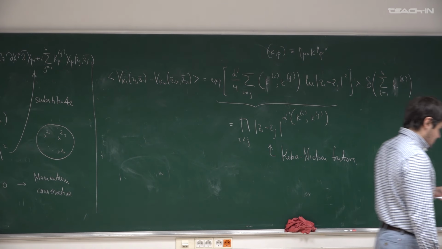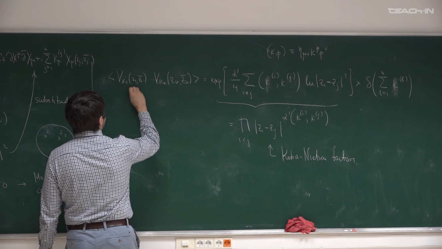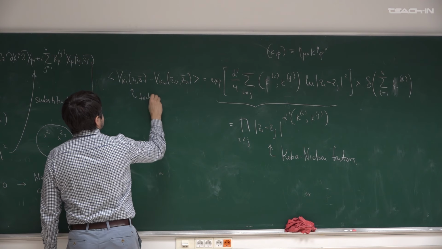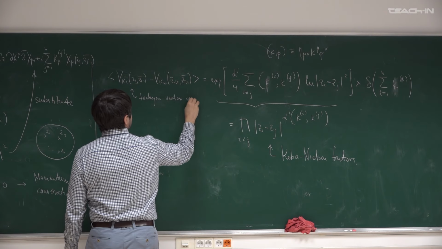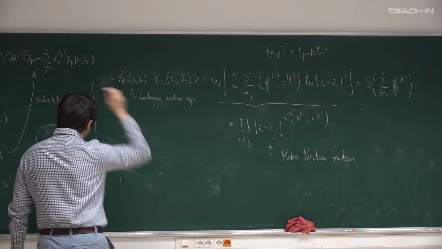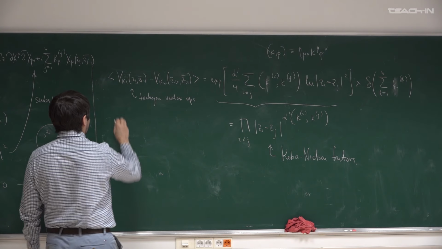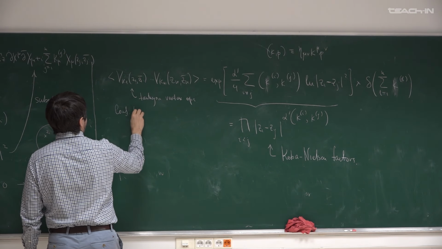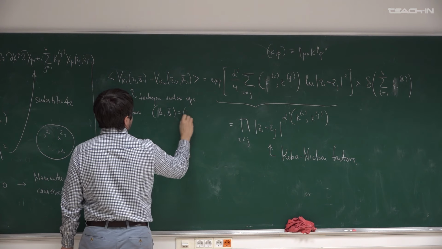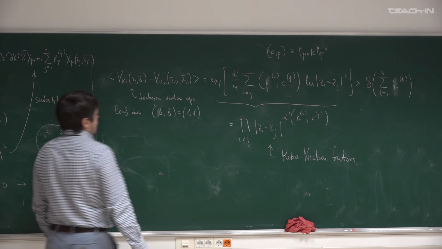For example, I mentioned that these are tachyon vertex operators. This means that they are of conformal dimension (1,1), so Δ, Δ̄.